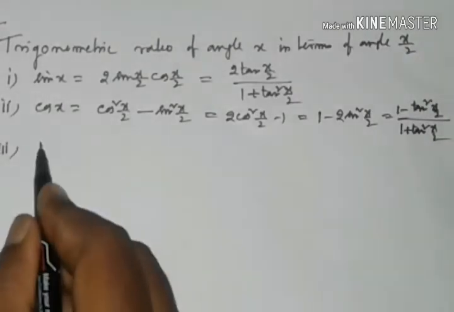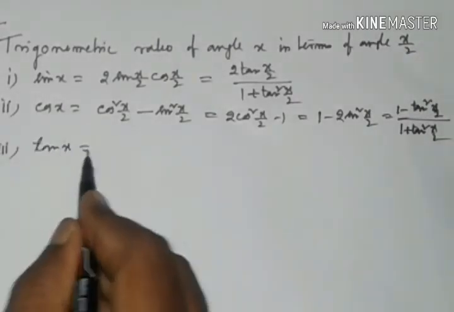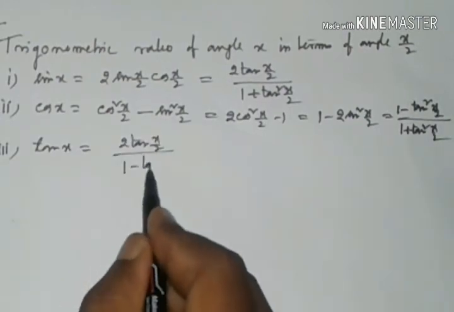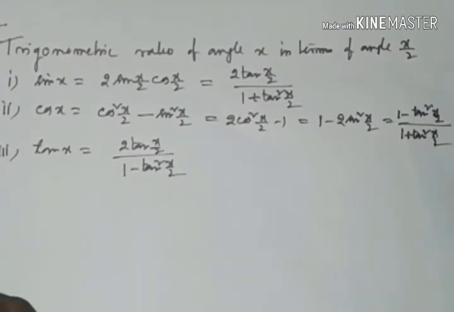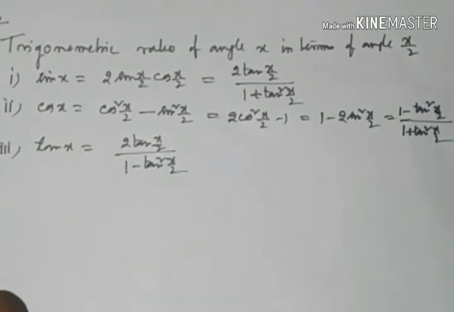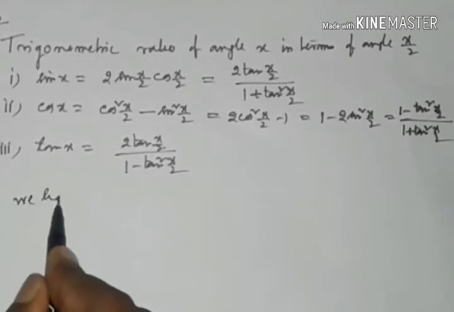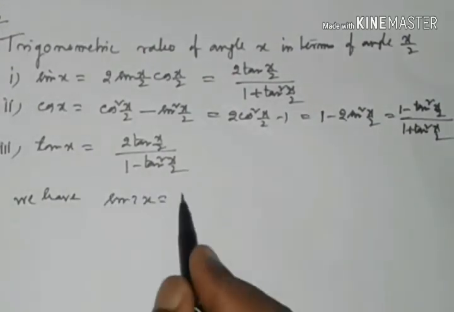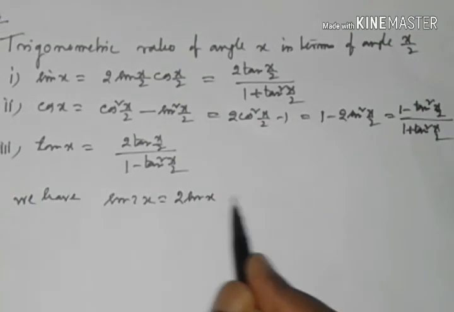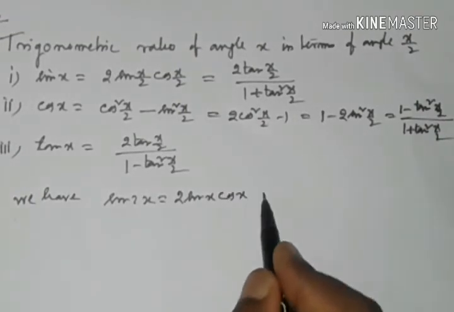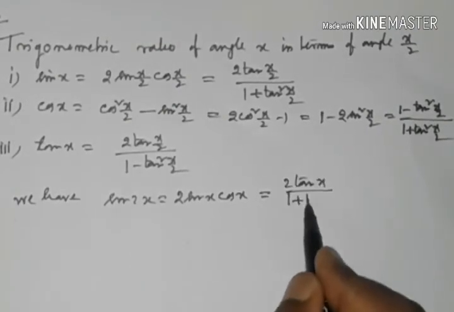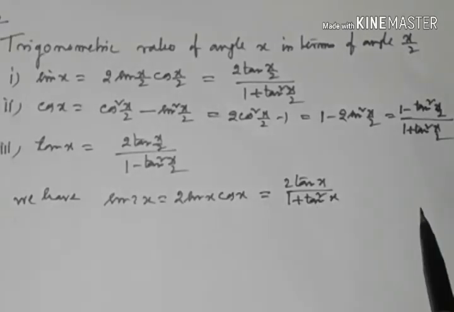Third, tan x is equal to 2 tan x by 2 by (1 minus tan square x by 2). Now we can easily prove it. First, we have sin 2x is equal to 2 sin x cos x, or we can write it as 2 tan x by (1 plus tan square x).